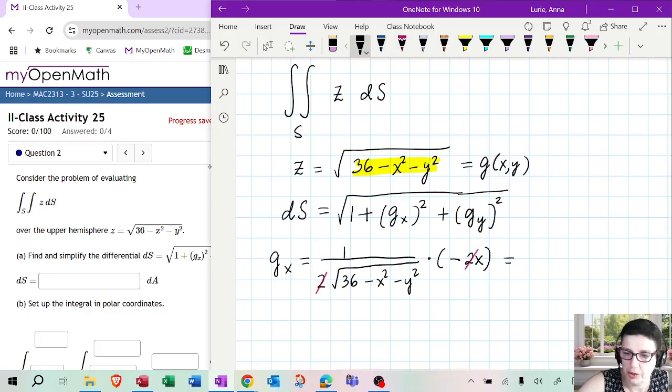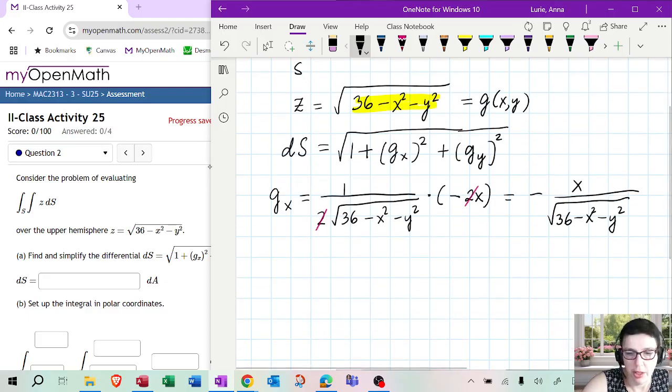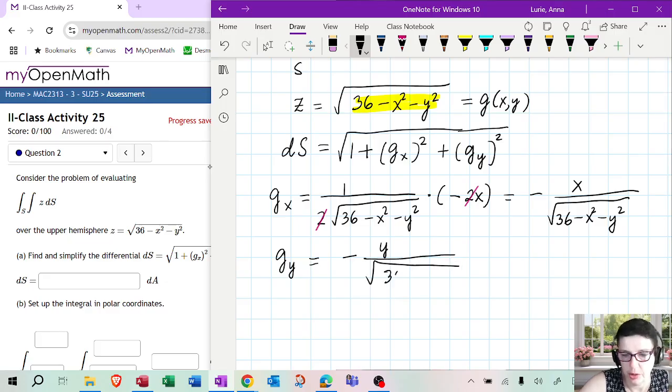So the final answer is going to be negative x divided by that square root. That's g_x. Now, for g_y, I'm not going to go over the same process again because it's going to be the same thing, but just a y in the numerator. So this is just over the square root of 36 minus x squared minus y squared.